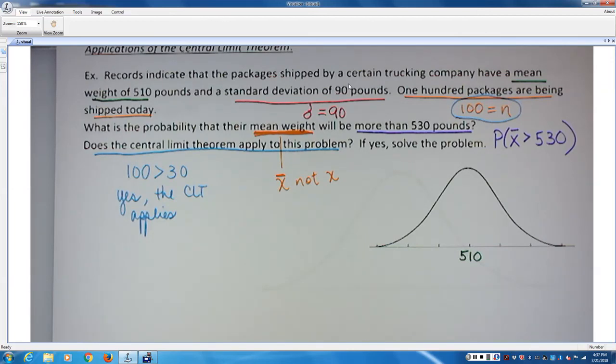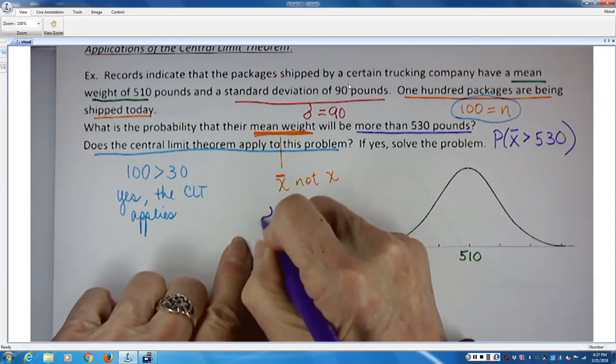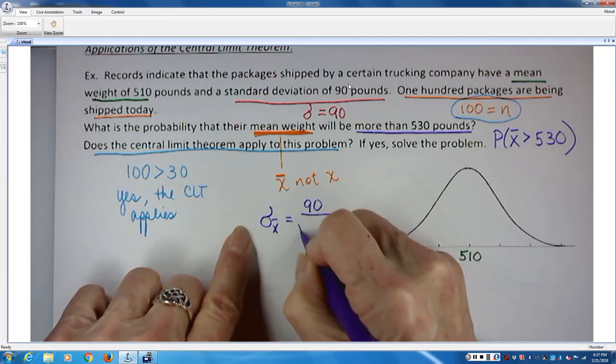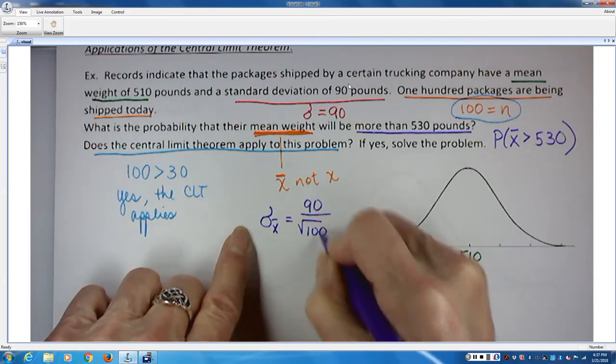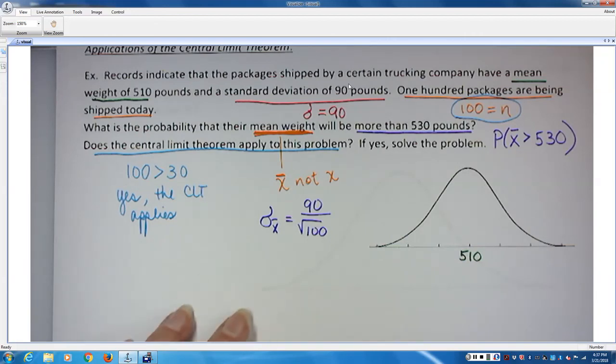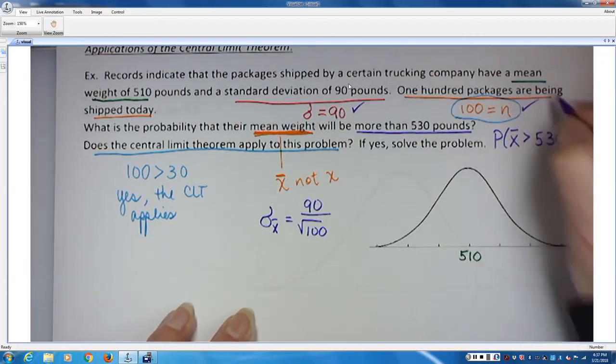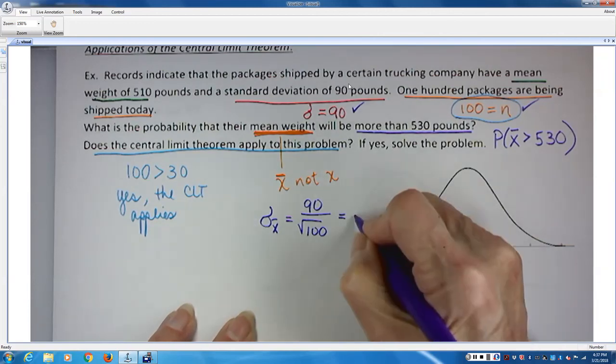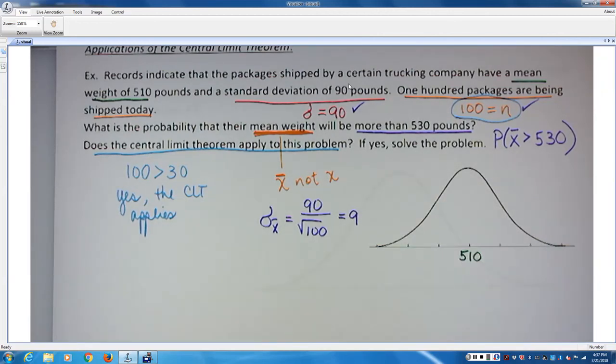So then we're ready to work the problem. All we need to do now to work the problem is to calculate the standard error, which is going to be 90 over the square root of 100. It's going to turn out that your standard error is actually equal to 9.